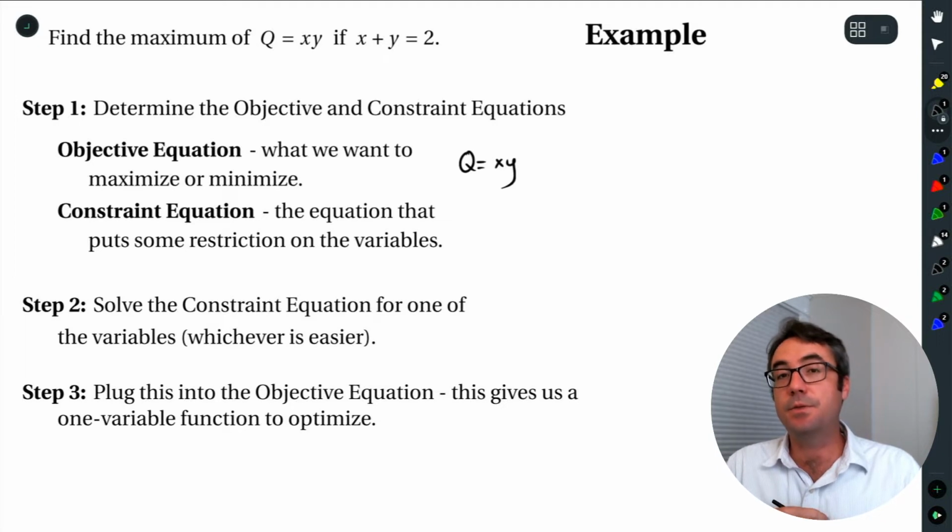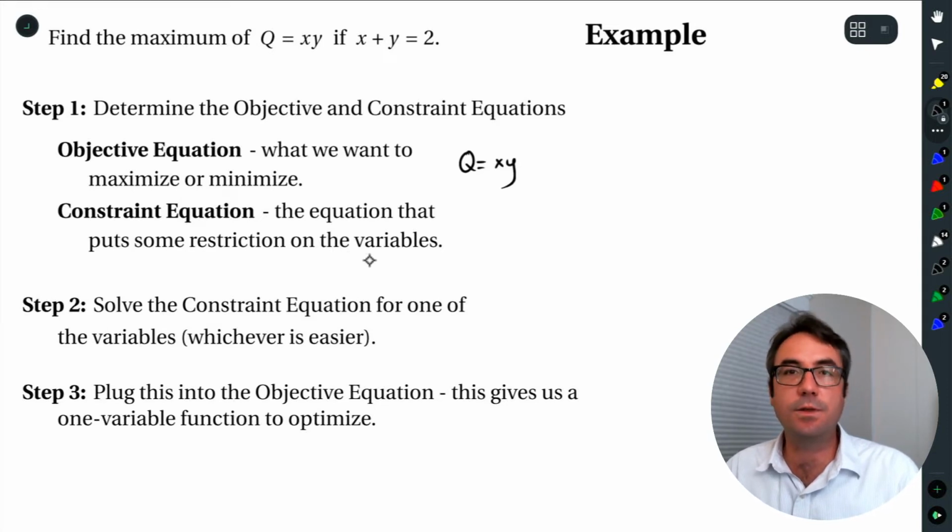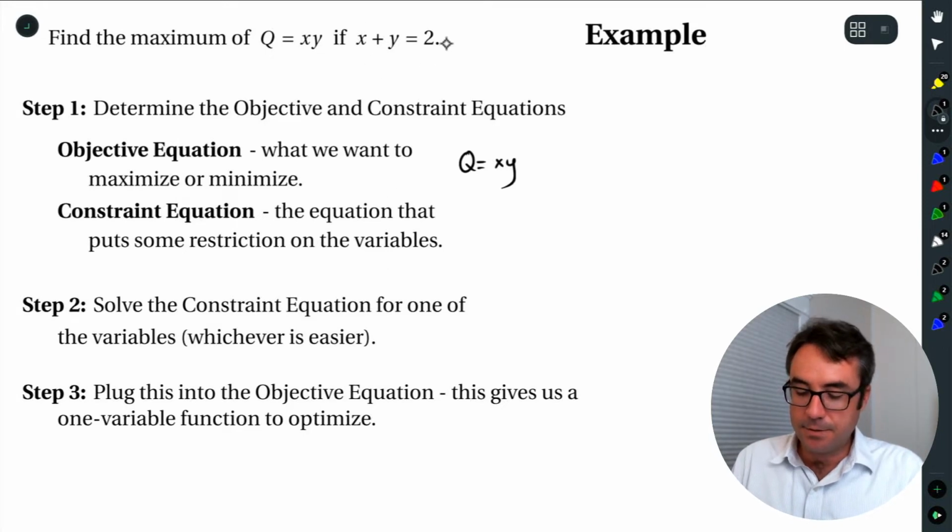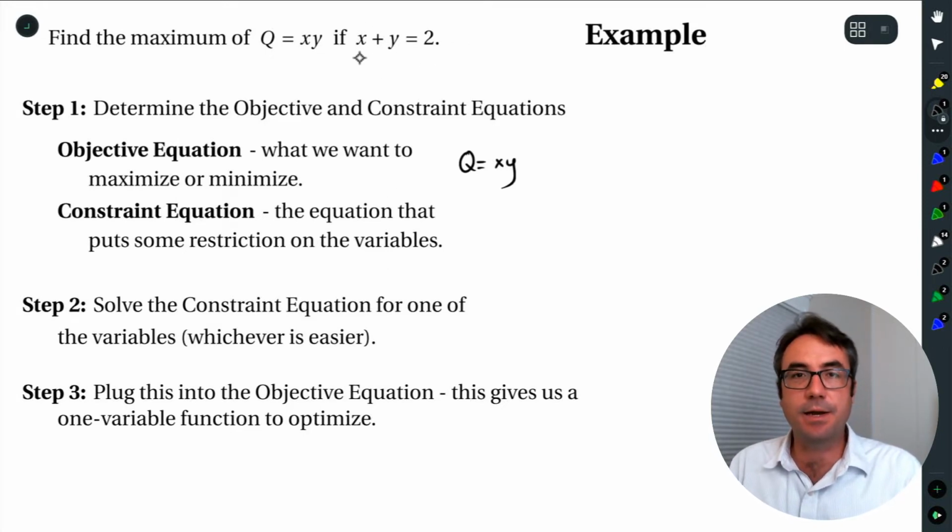Now, the other equation that we're working with, we call the constraint equation. This is a secondary equation that puts some restrictions on what the variables can be doing. That's what we're seeing with this equation right here: x plus y has to be equal to 2.